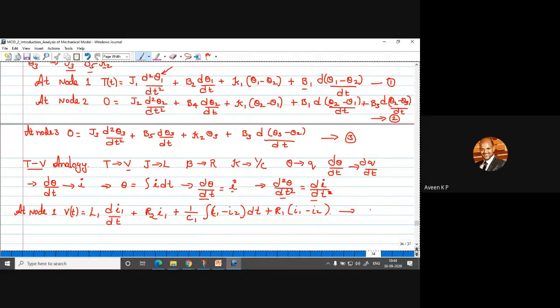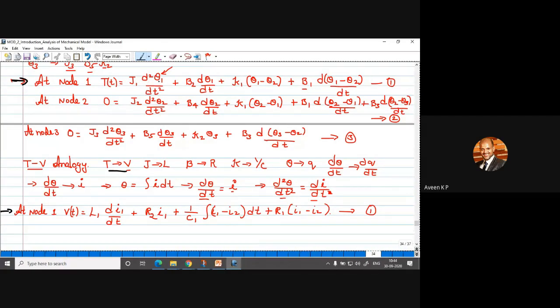Equation number 1. I repeat, V of t: compare only with the first equation. We are talking only about the first equation, written with respect to node 1. T of t will be replaced by V of t. J will be replaced by L1.